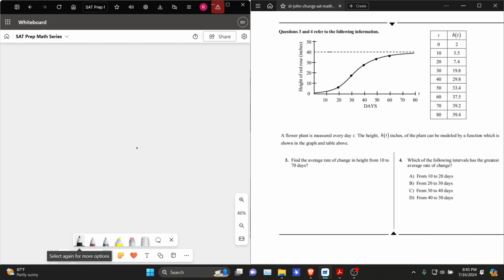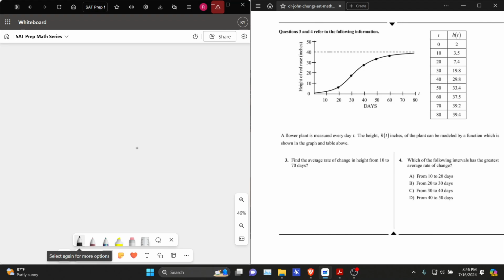From 10 to 20, we've increased about 7.4 minus 3.5, around 4. The next option is from 20 to 30 days, which is from 7.4 to 19.8, which is quite a big difference.